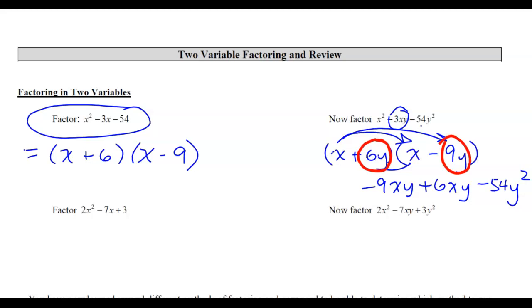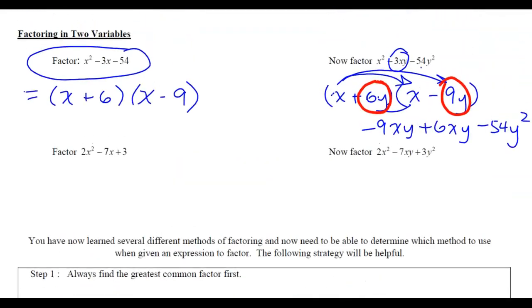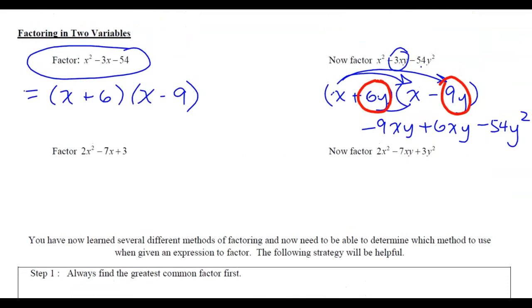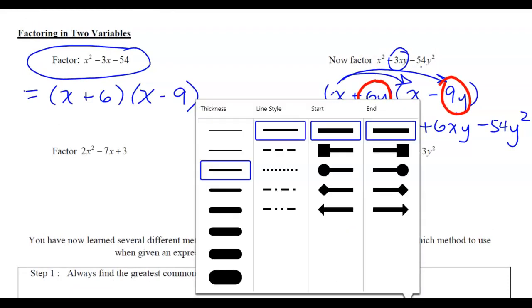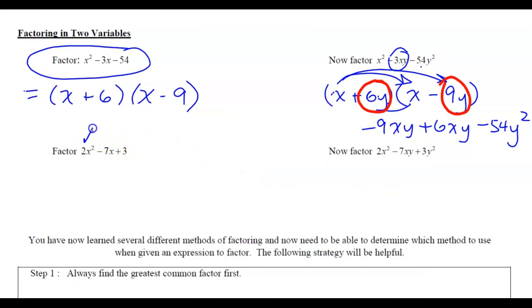So same with the next one. Take a look. You decide which method you use. It's not a simple trinomial. It's got a 2 in front. So if you use inspection or decomposition, however you get that, give the answer to that one.